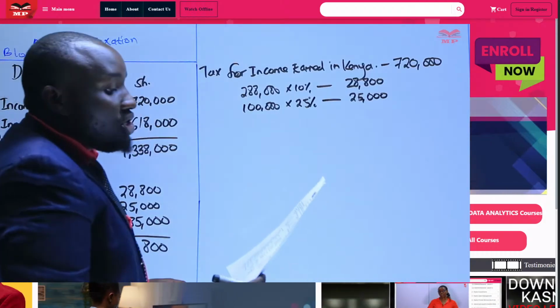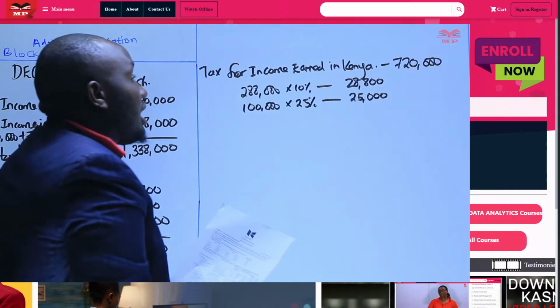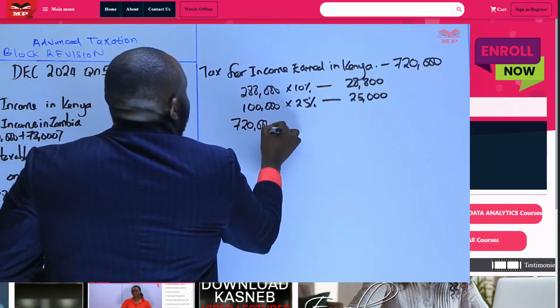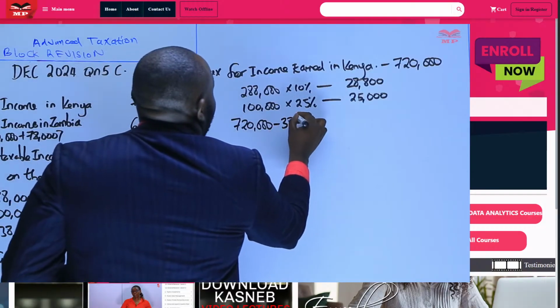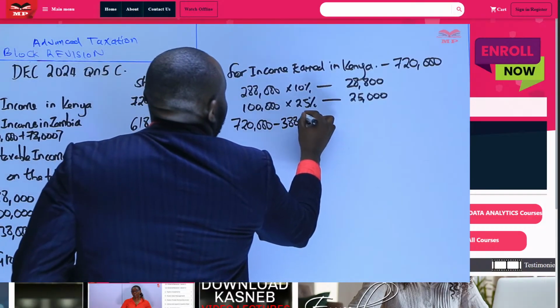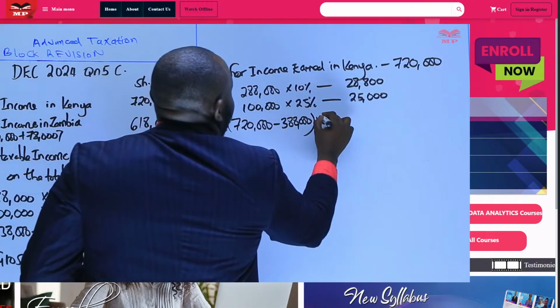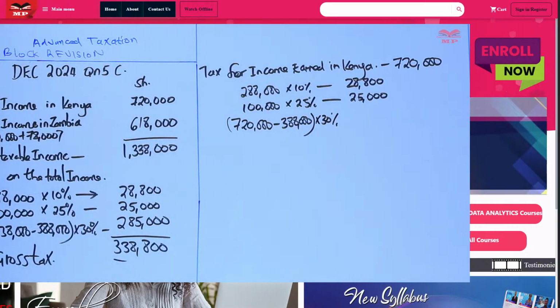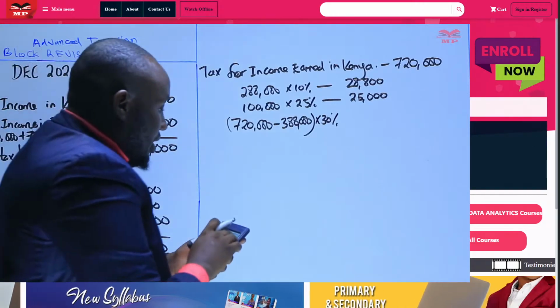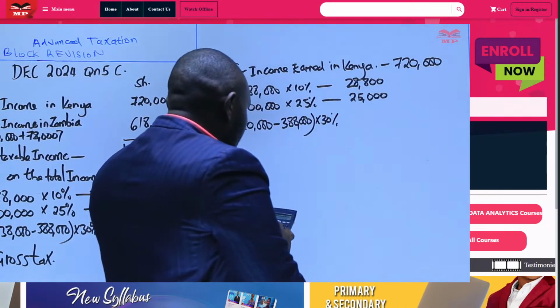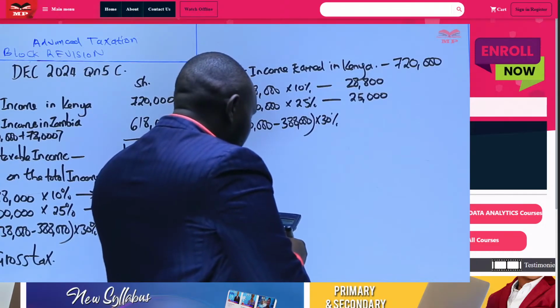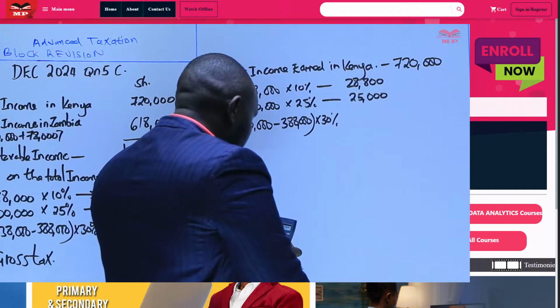So between 388 to 6 million, our total income is that figure. We have 720 minus what we have as 388. Then we multiply by 30%. So what do we get when you have that? We have 720 minus 388.